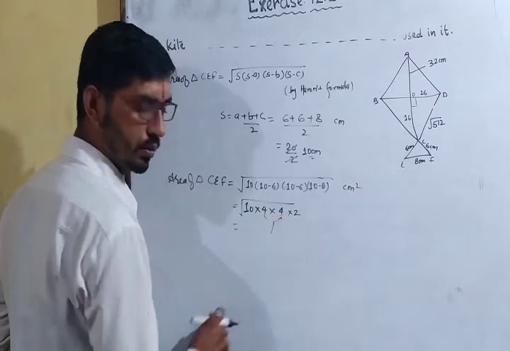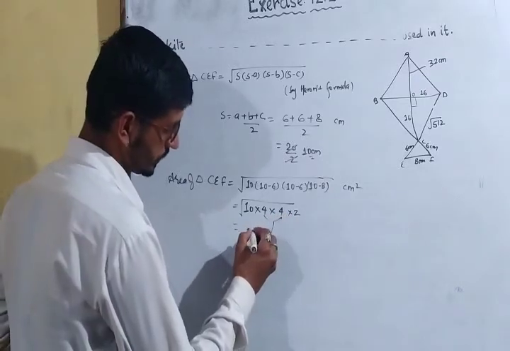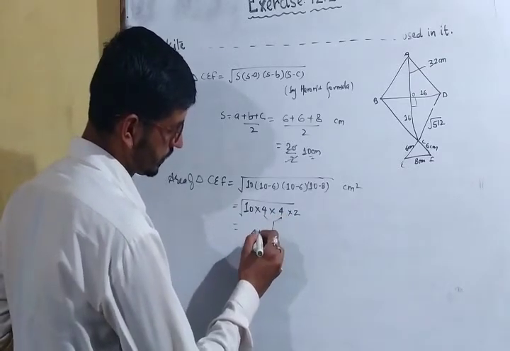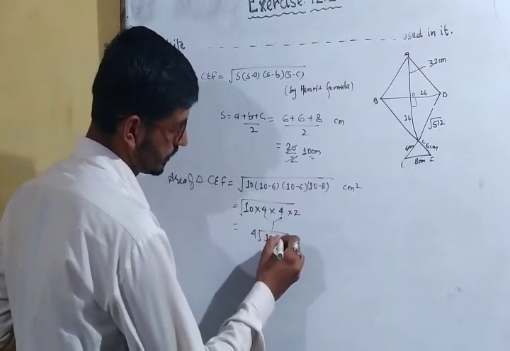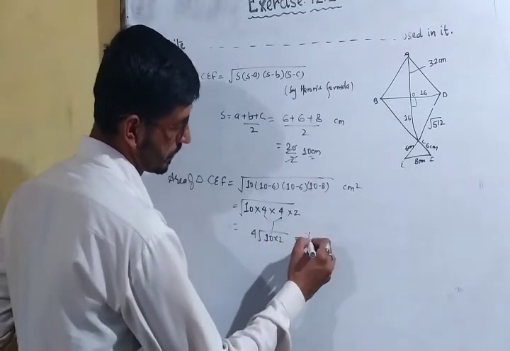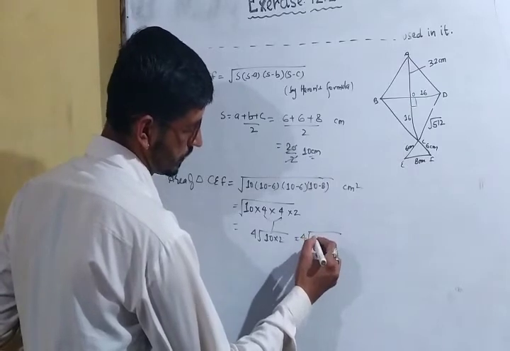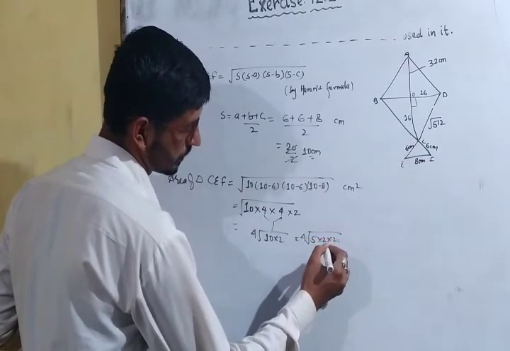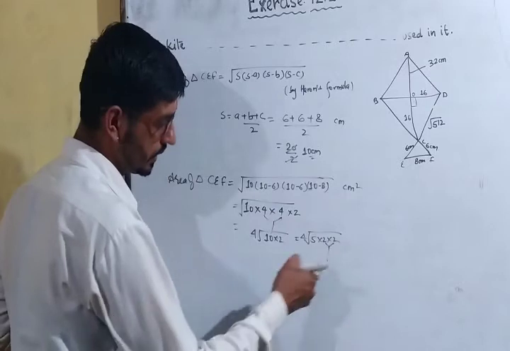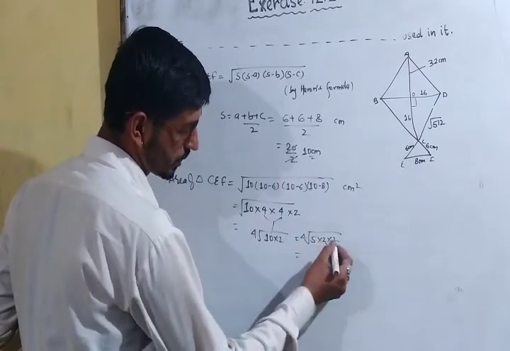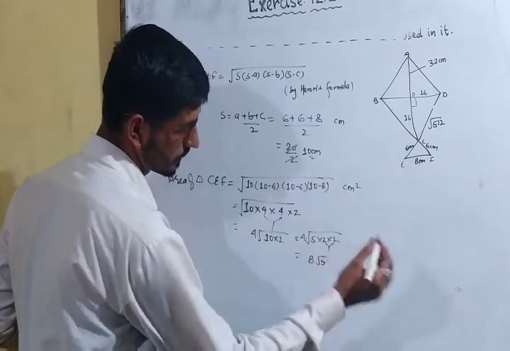Now pair out. What is left inside? 10 into 2. Break this 10, so it becomes 5 into 2 into 2. Again we can take this 2 out. So it is 8 root 5.